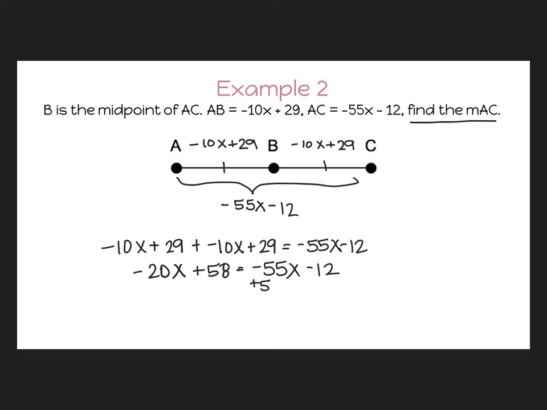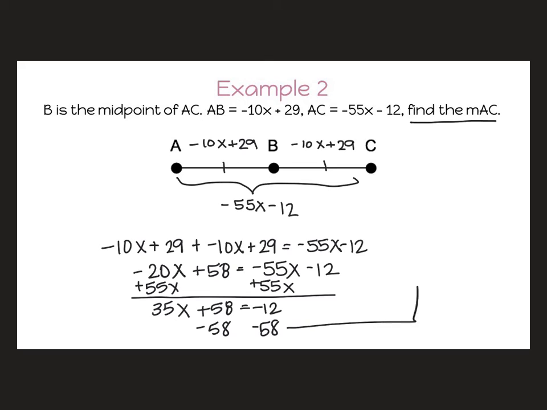If I add 55x to both sides, I get 35x plus 58 equals negative 12. I can subtract 58 from both sides. I get 35x equals negative 70. When I divide by 35, I get negative 2.